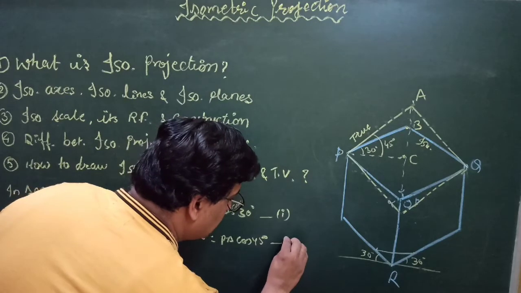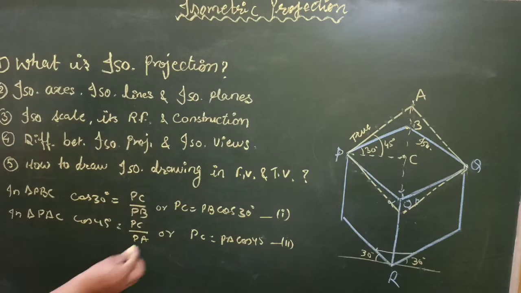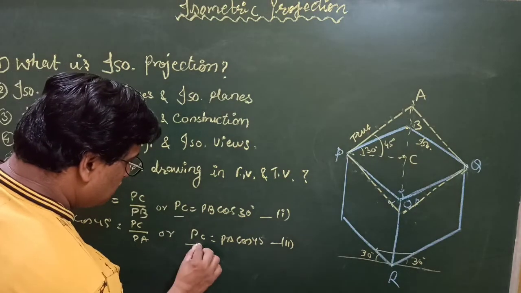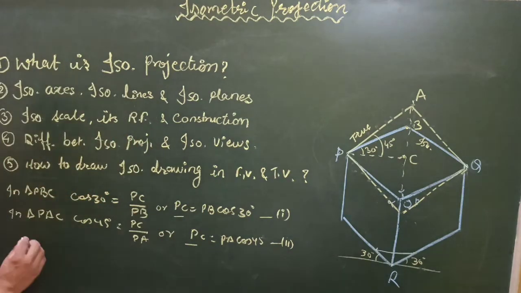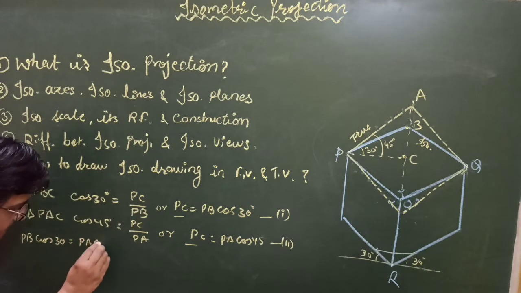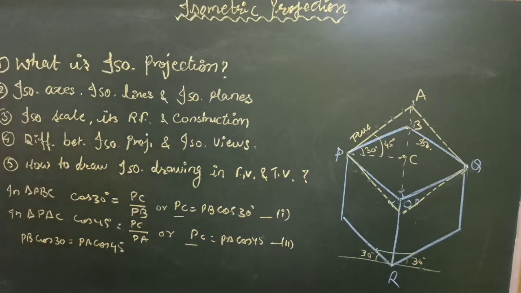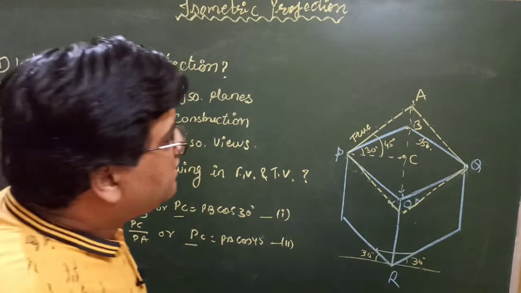So this is the second equation, right? Because these 2 are equal, we can write down PB cos 30 is equal to PA cos 45.